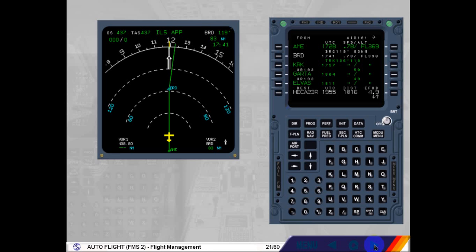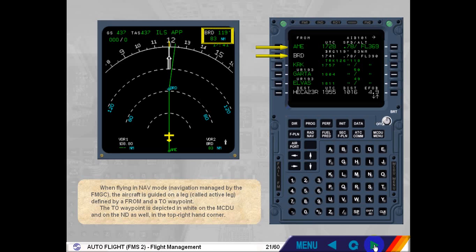When flying in navigation mode, navigation managed by the FMGC, the aircraft is guided on a leg called active leg, defined by a from and a to waypoint. The to waypoint is depicted in white on the MCDU and on the ND as well, in the top right-hand corner.